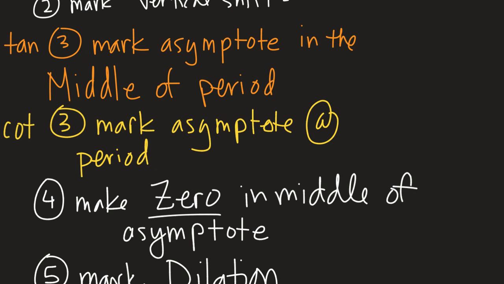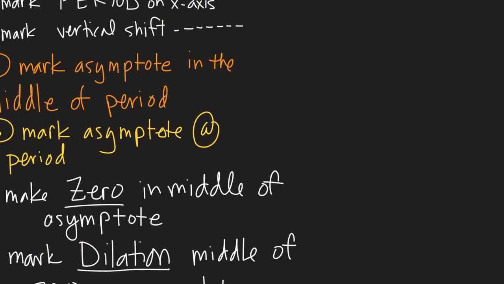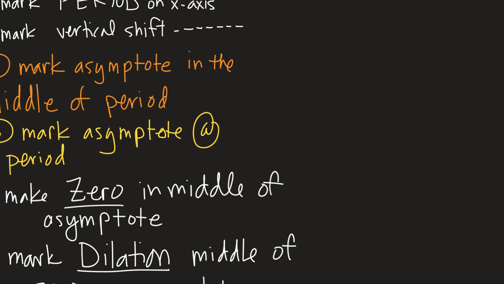The dilation always goes in the middle of your 0 and your asymptote, and it's different for tangent and cotangent. For a tangent graph, the dilation goes to the right and up. So if this is your 0, you go right half and then up 1 for tangent.